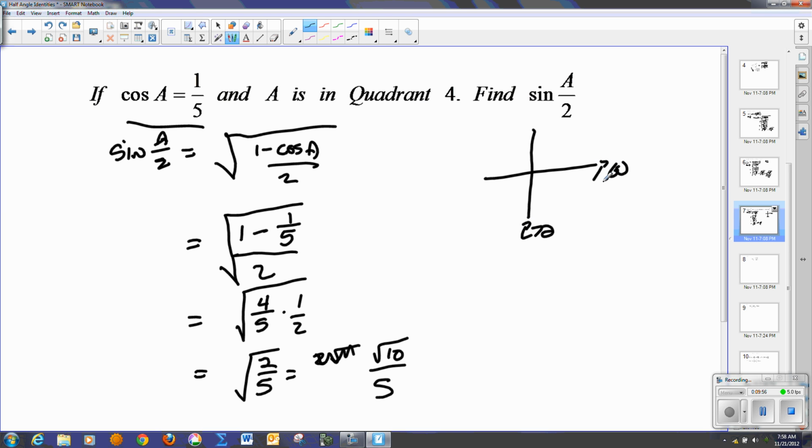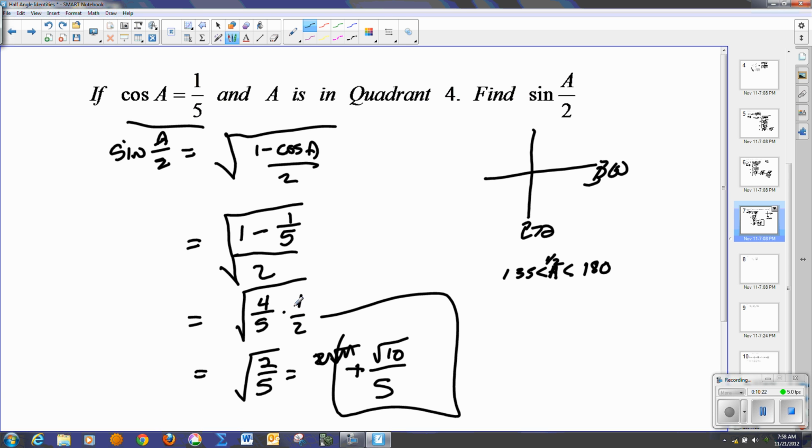And if I take half of either one of those, I get 180 and roughly, what, 135? So my half angle, half of A, is going to be somewhere in the second quadrant. The sign in the second quadrant is going to be positive. So there we have it. All right?